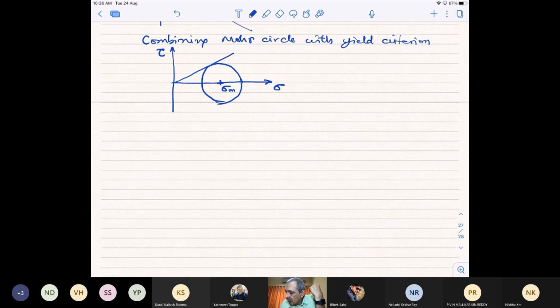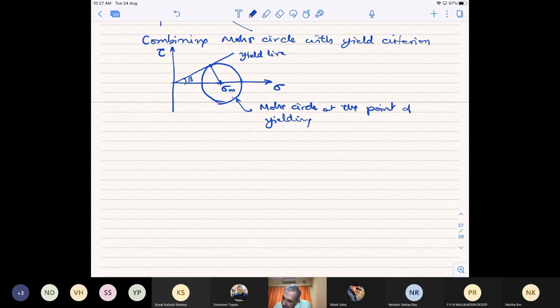So this is the Mohr circle. It's just exactly at the point of yielding because it's tangent to the yield line. So this line is the yield line, that is the Mohr circle, and it is just about tangent. And we know that this angle is beta.